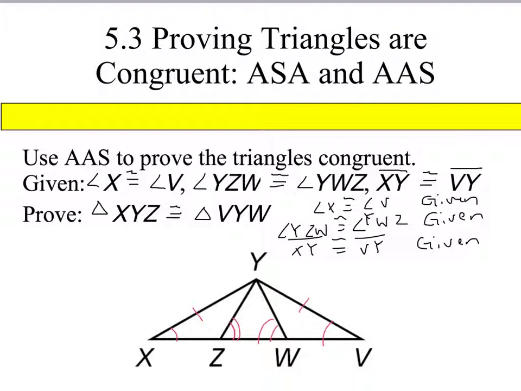We want to use the angle side theorem, so we want XY to be the non-included side. We need to somehow prove that angle YZX is congruent to YWV. How can we prove that those two angles are congruent?